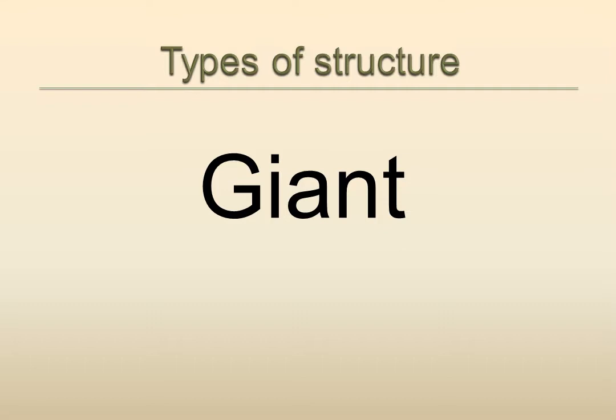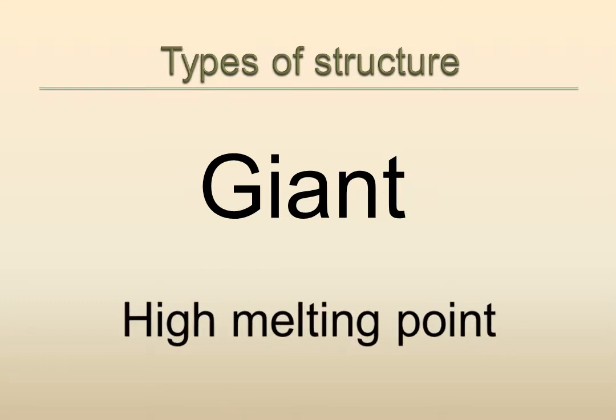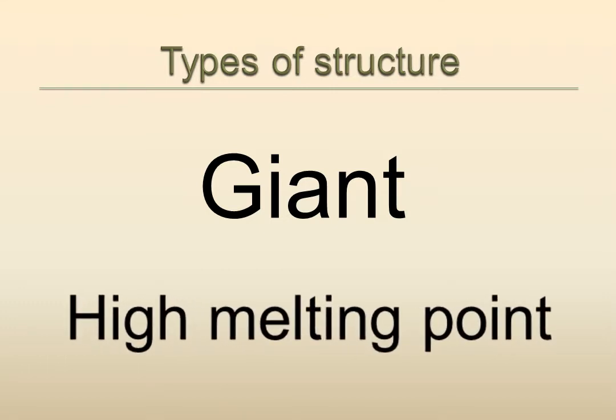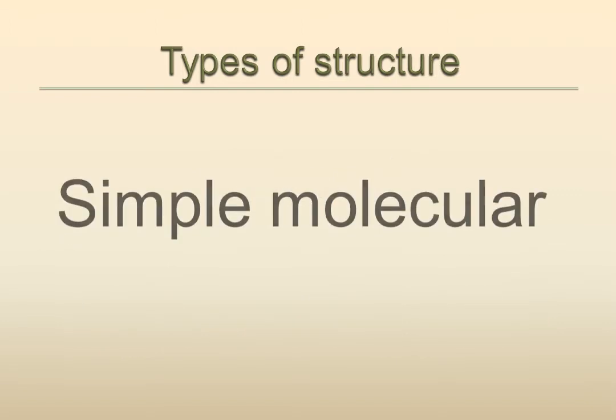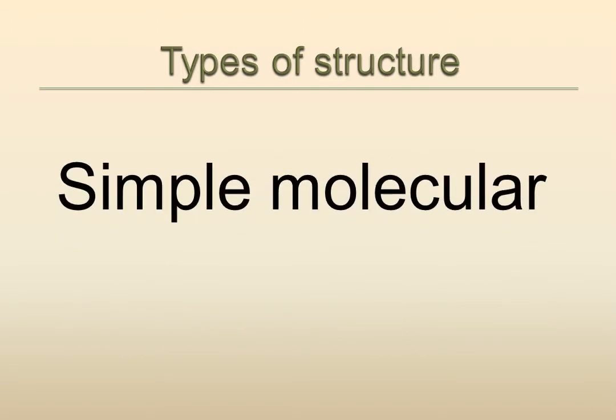So we can follow those strong chemical bonds from the center of the material right to the edge of the material. And therefore, to melt our material, to make our particles able to move around freely, we're going to have to break many strong chemical bonds. That means the melting point is going to be high, because we're going to need to put a lot of energy in to break those strong chemical bonds.